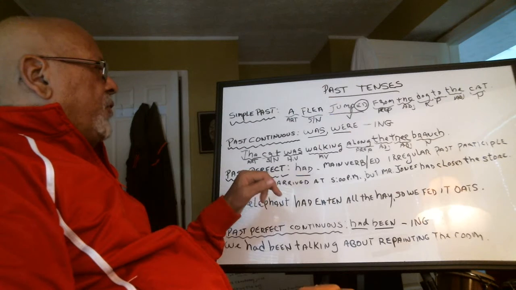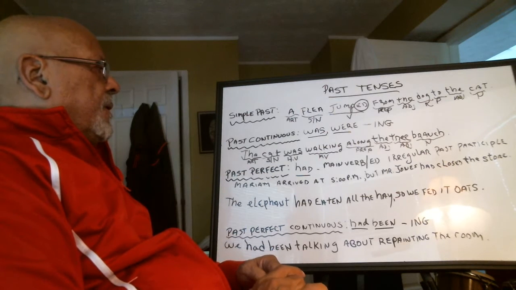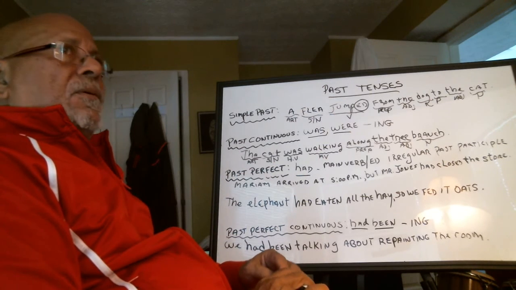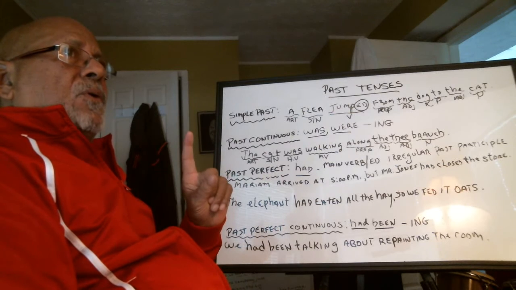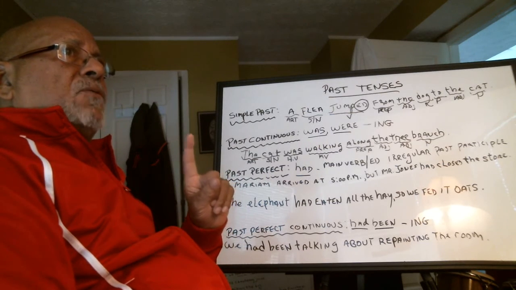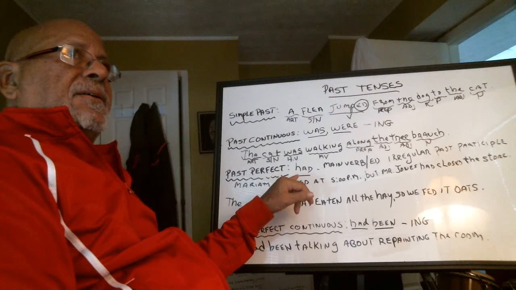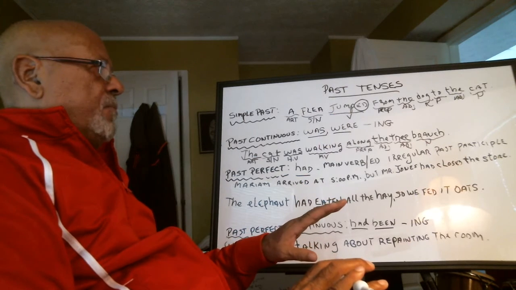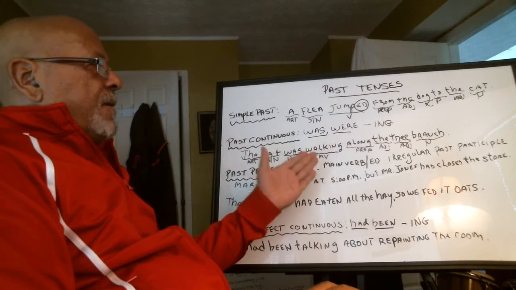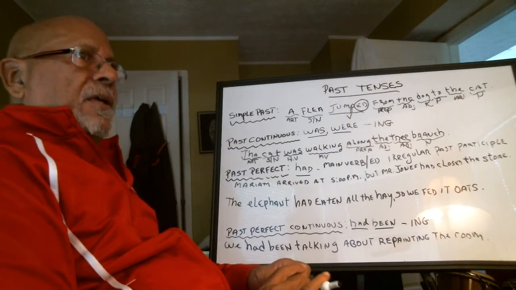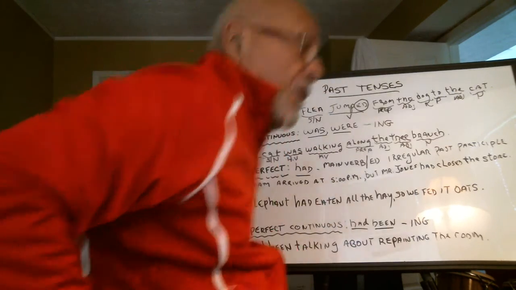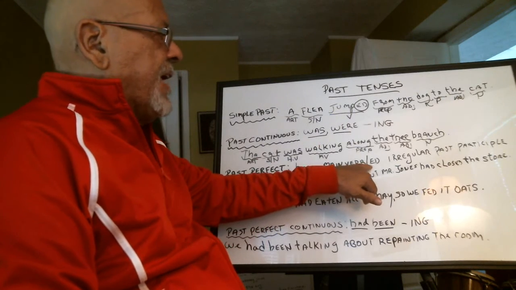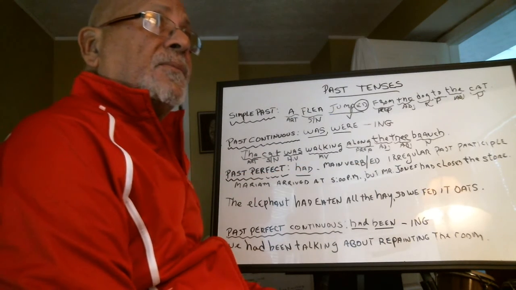The past perfect. Now, we only have one helping verb, had. Had is the only helping verb. The main verb, if the verb is regular, will always end in ed.